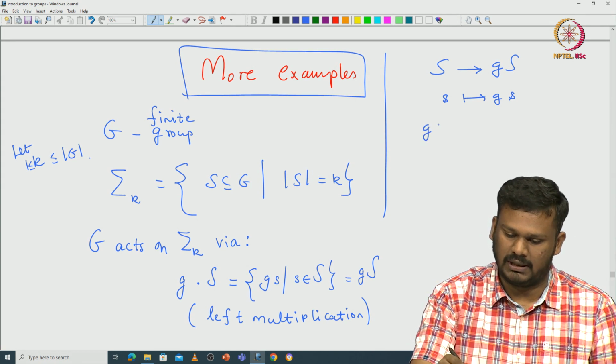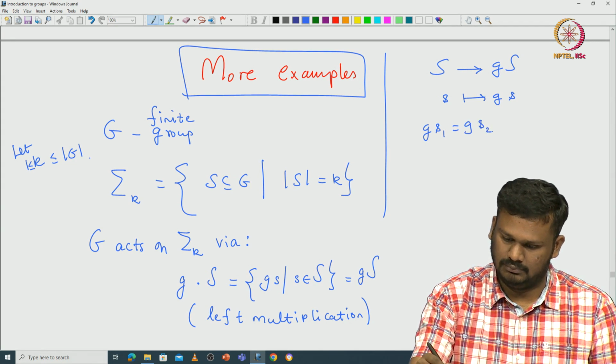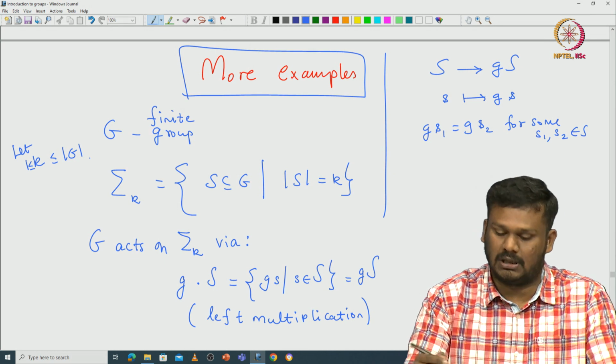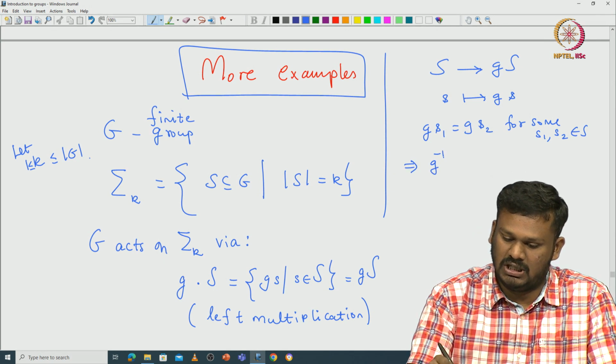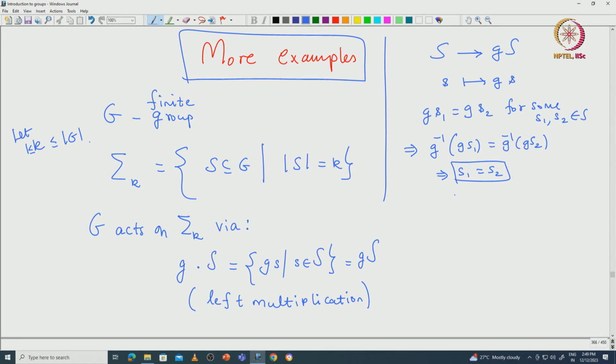For example, suppose g s1 is equal to g s2 for some s1, s2 in capital S. Then you apply g inverse on both sides, so that will imply that g inverse of g s1 is the same as g inverse of g s2. So that will immediately imply s1 equals s2. So we have this left cancellation in the group. So that makes left multiplication by any element an injective map from S to gS.